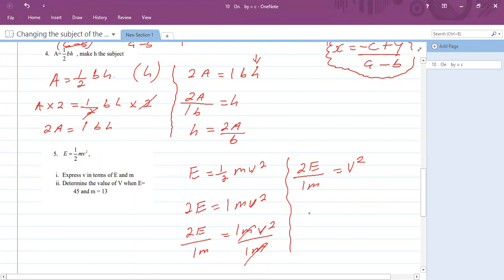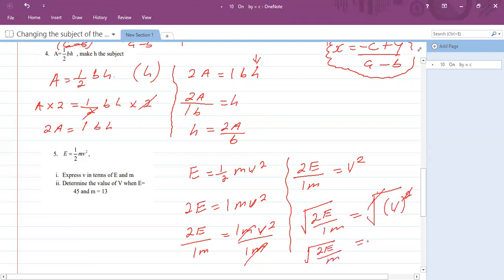Square root, right? So what you can do here, we square root this side here: 2E over 1M is equal to the square root, then you put the V squared there. So this square cancels that one here, right? This one cancels this one here. So we get the square root of 2E over M is equal to V. All right.